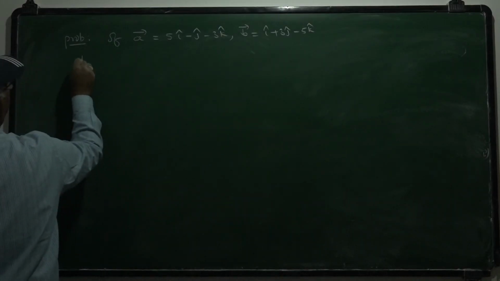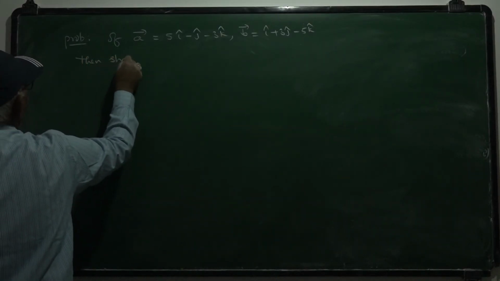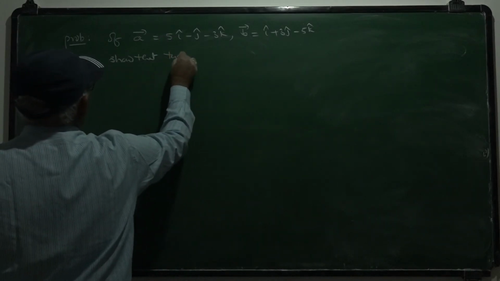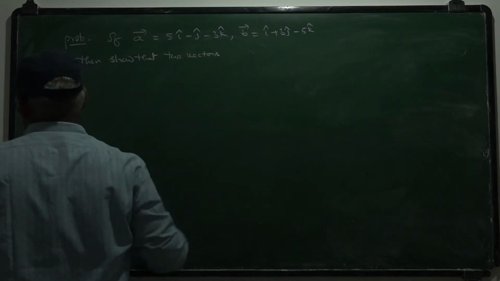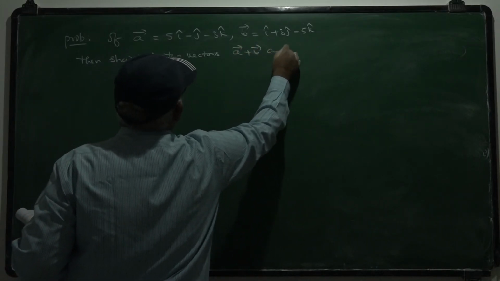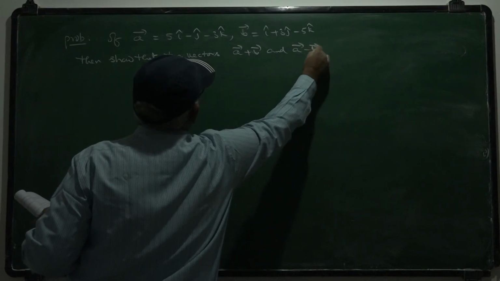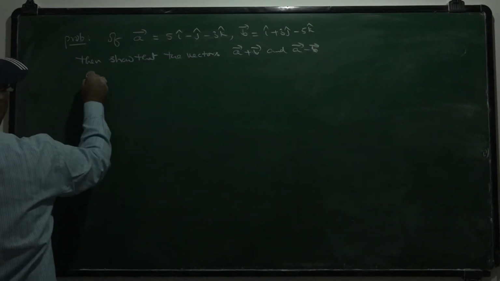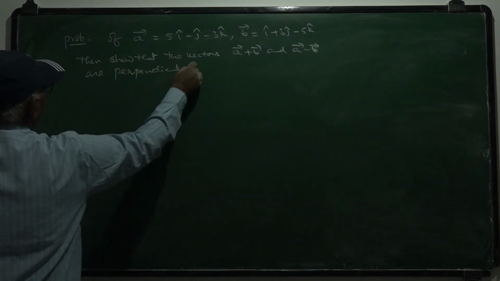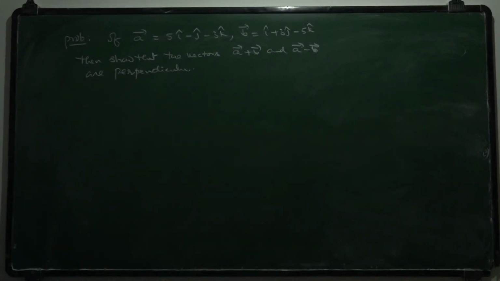Then show that the vectors A bar plus B bar and A bar minus B bar are perpendicular. If A bar is 5i minus j minus 3k, B bar is i plus 3j minus 5k, then show that the vectors A bar plus B bar and A bar minus B bar are perpendicular.